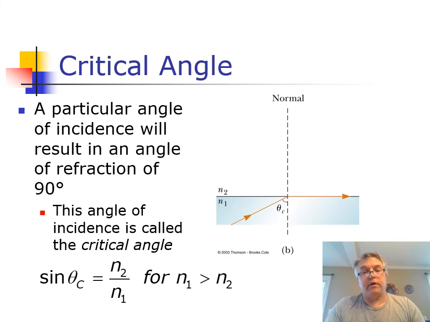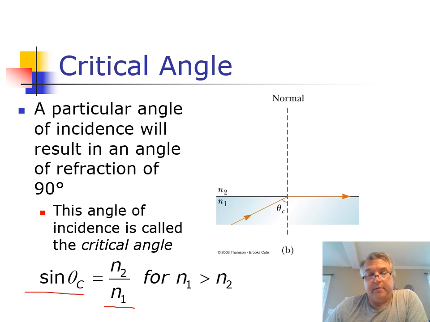So the sine of the critical angle is going to equal the index of refraction for my refracted medium divided by the index of refraction for my incident medium. And my index of refraction for my incident medium always has to be greater than my index of refraction for my refracted medium. Otherwise, there will be no critical angle, because then my refracted ray won't be bending away from the normal.